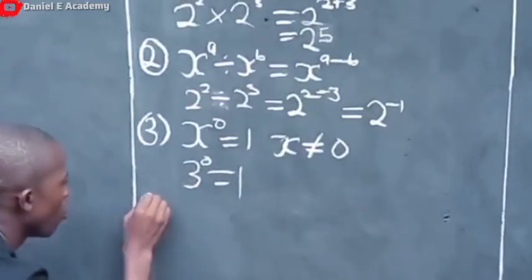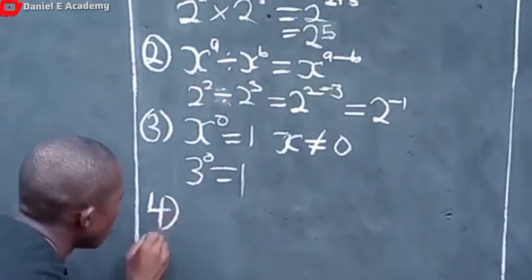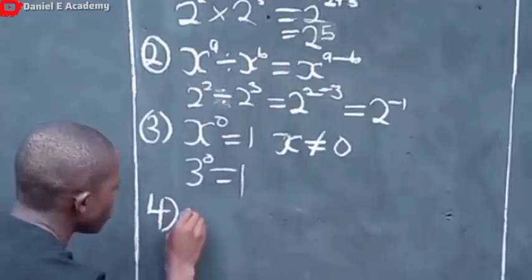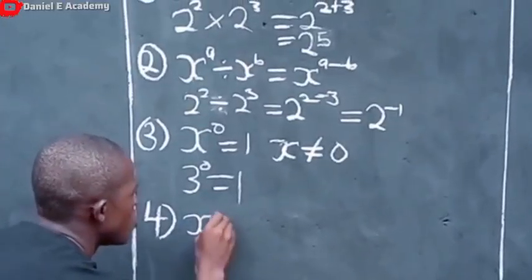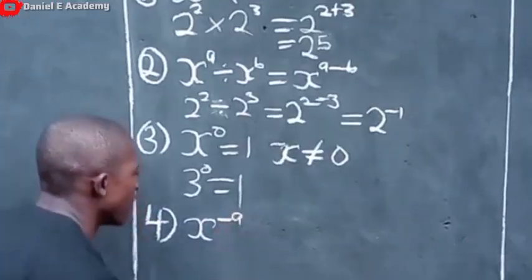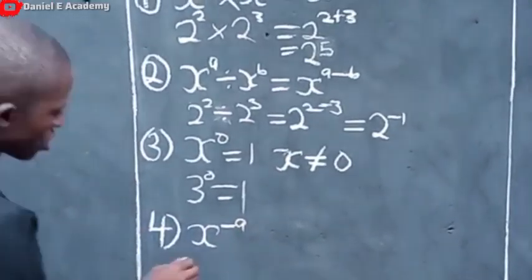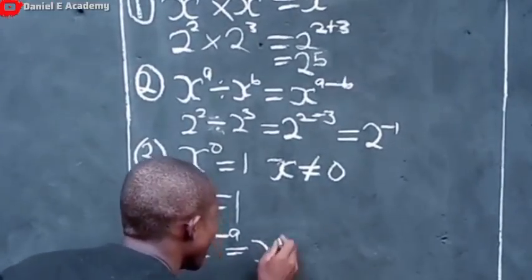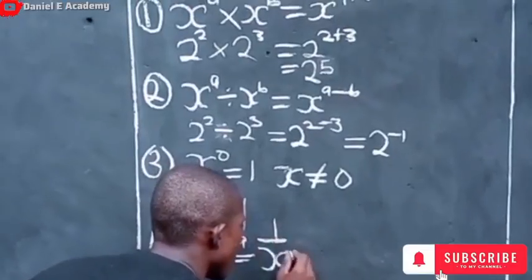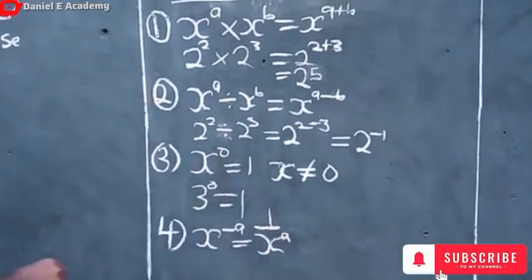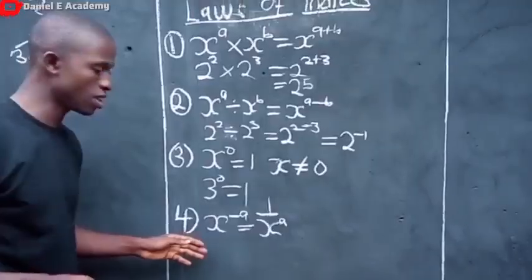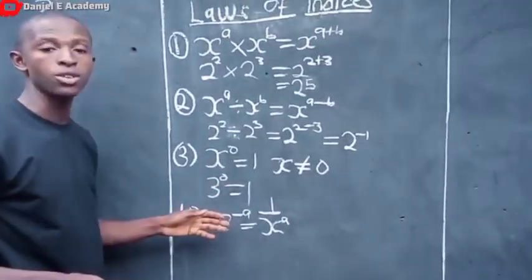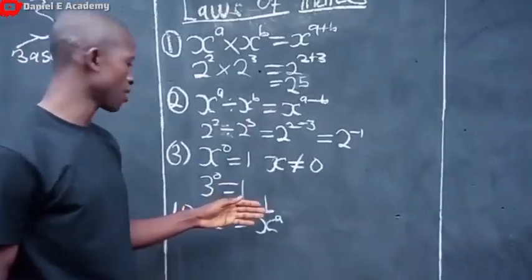So law 4: x to the power of minus a equals 1 over x to the power of a.